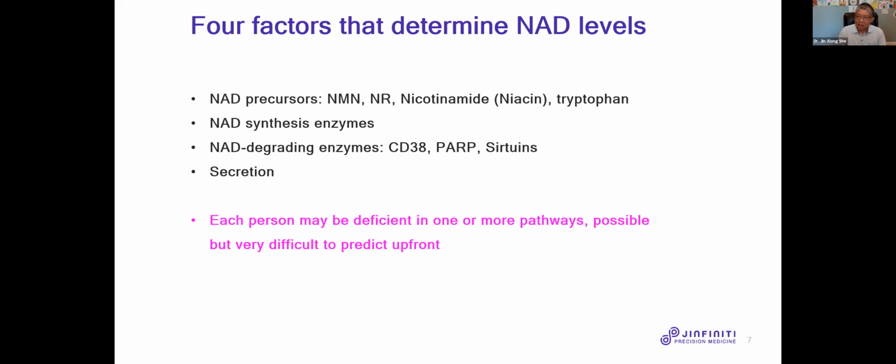So when it comes down to each person, you could be deficient in one or multiple of these pathways. So every person is different. That's why we really need a personalized approach in optimizing our NAD levels.